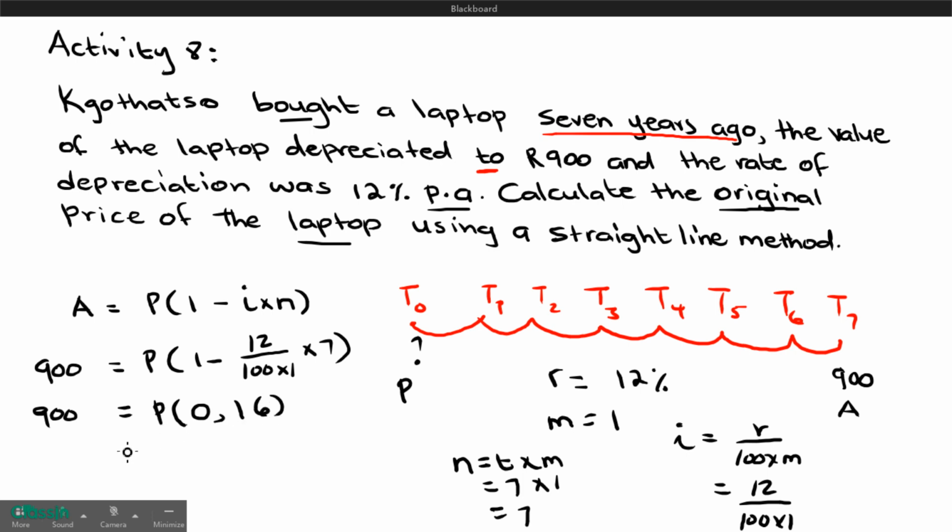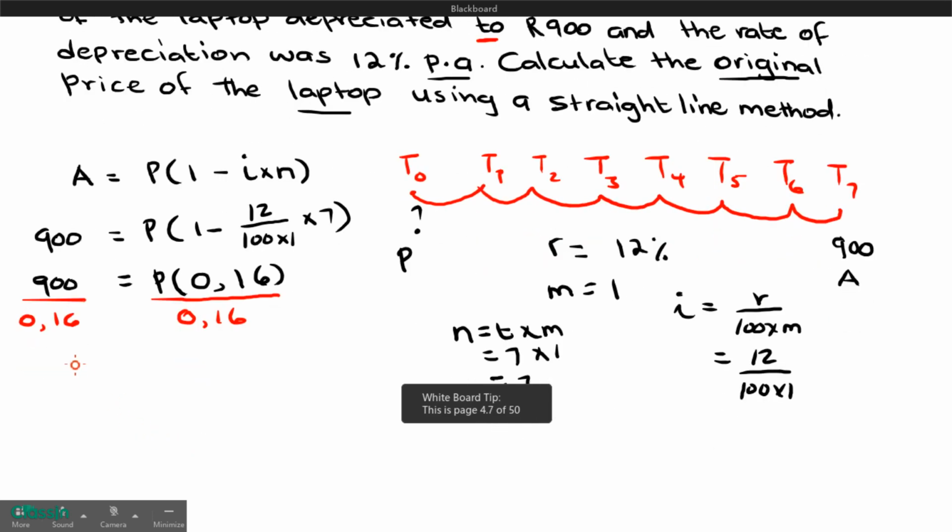Because you're looking for P, then you divide both sides by that. You are looking for P, you divide both sides by 0.16. Now, once we have this, this will cancel that. We are left with P is, what is 900 divided by 0.16?